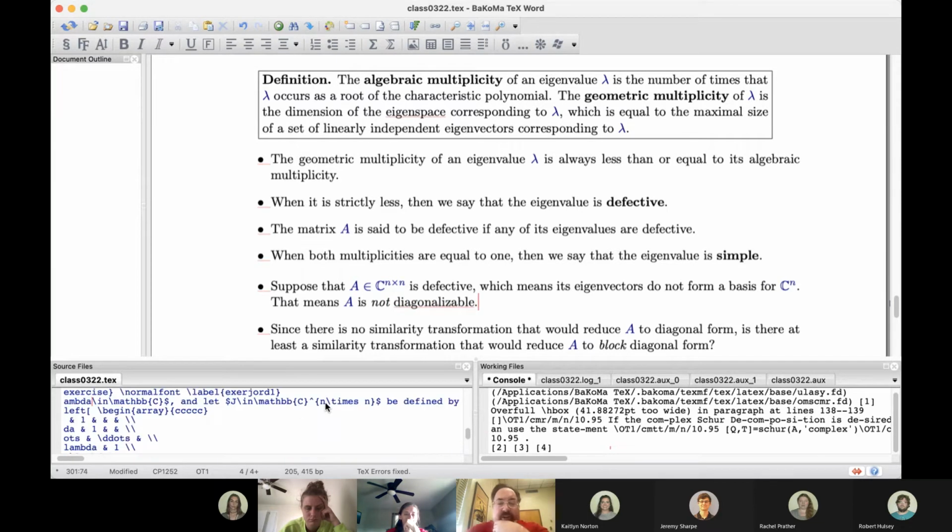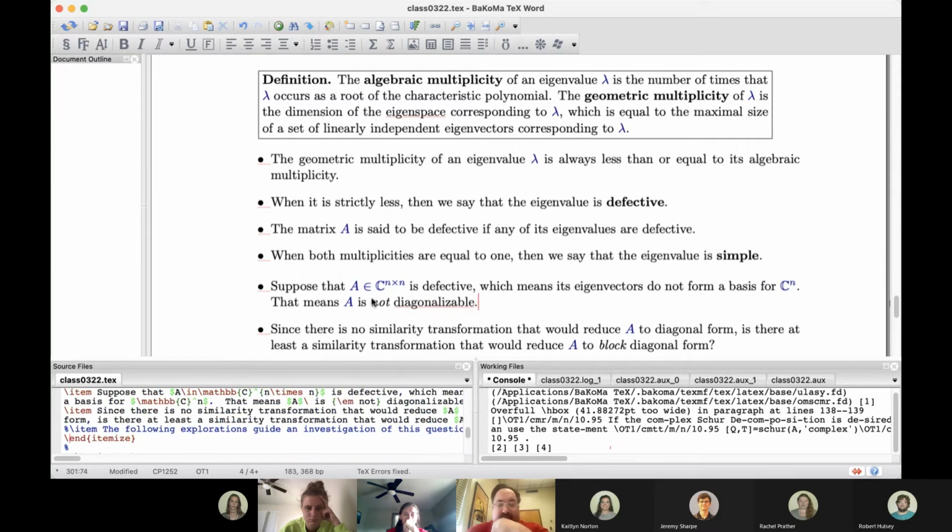There's no similarity transformation you can make that would reduce A to diagonal form, because a similarity transformation is when you multiply matrix A on the left by some matrix P and then on the right by its inverse. But any matrix that contains the linearly independent eigenvectors of a defective matrix will not be a square matrix, or it would not be invertible.